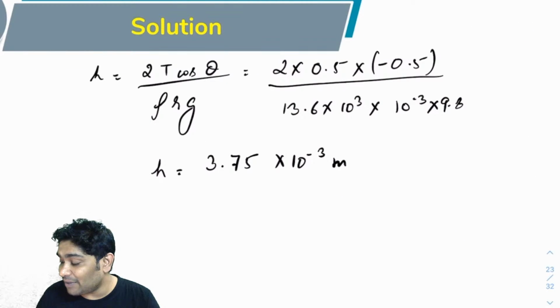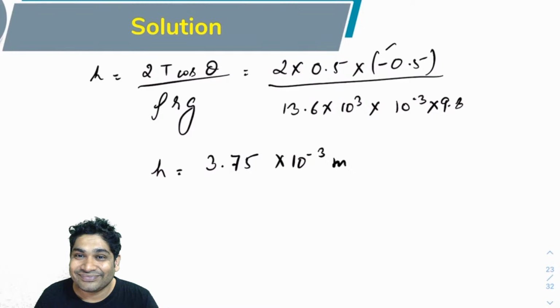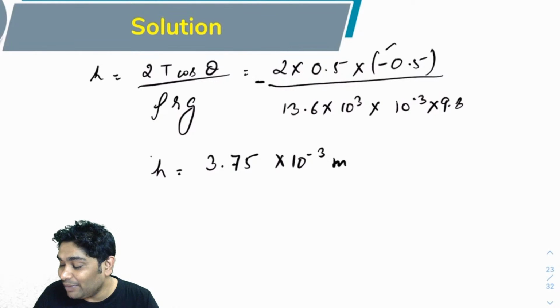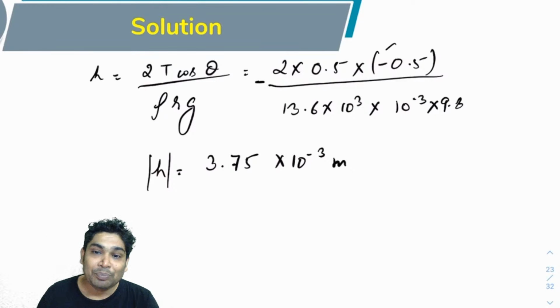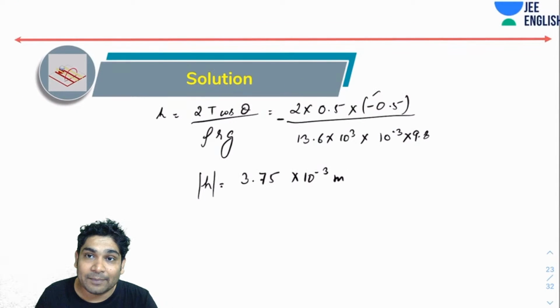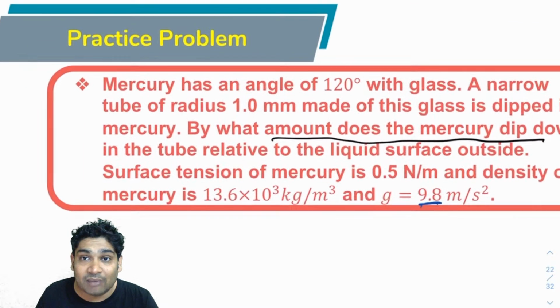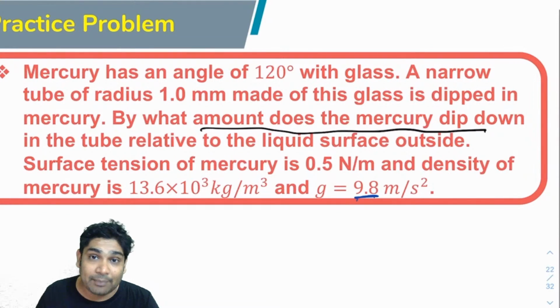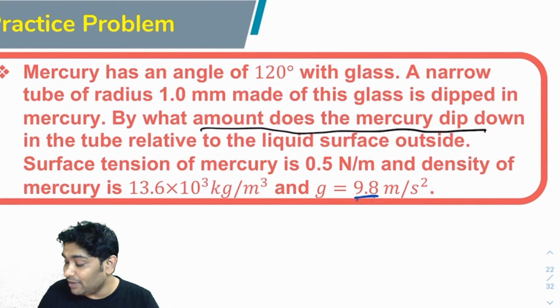Yes, of course there is a minus sign here. So I only meant mod of H. Because we had been asked by what amount does the mercury dip, the dip has already been mentioned. So please note this. That is why we are reporting a positive answer.